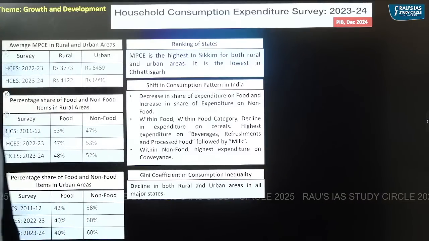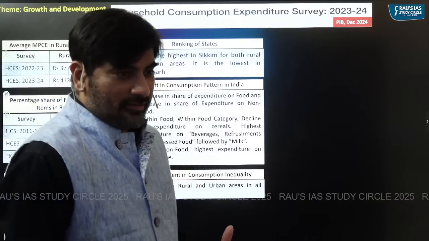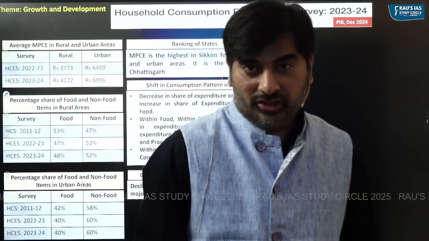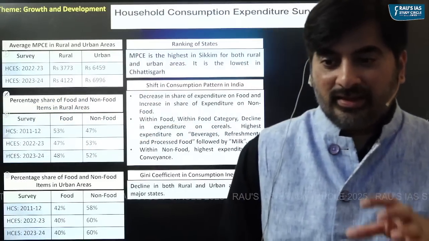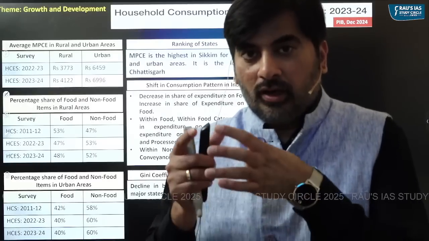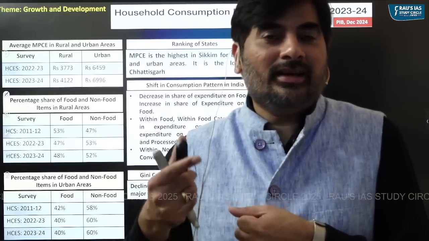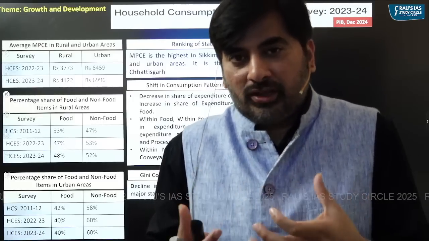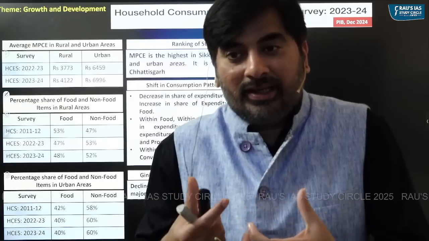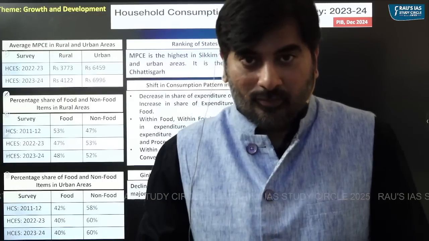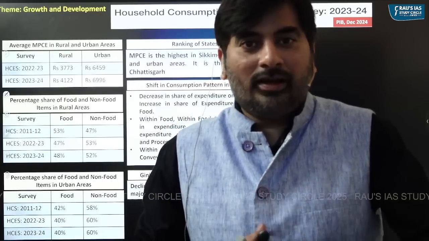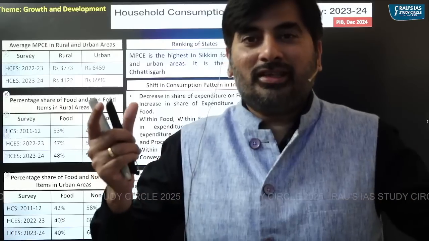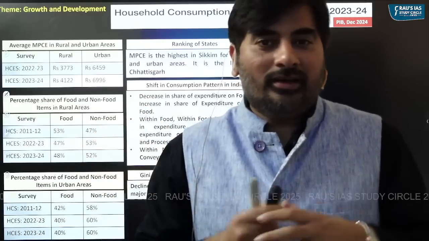Finally, there is an index called the Gini coefficient. Gini coefficient is an index which is used to measure inequality in a country. Gini coefficient can also measure the inequality in terms of consumption. All of you know inequality in terms of income, that is how much income households are earning.